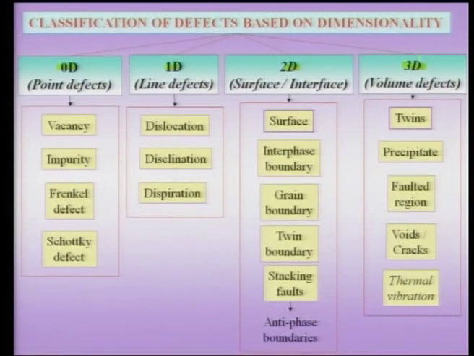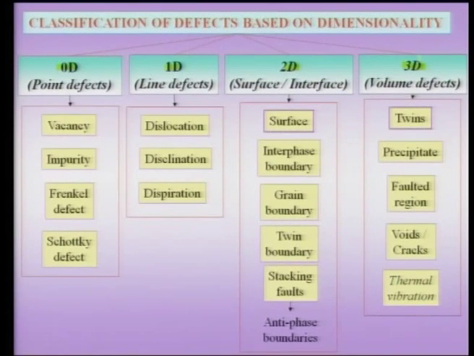And when I am saying 1-dimensional, suppose I am talking about displacement fields associated with the defect, then I would think that the displacement fields are line like. Similarly, when I am talking about a 2-dimensional defect, I do not really mean it is an exact geometrical 2-dimensional surface, but what I mean is that it is almost 2-dimensional.